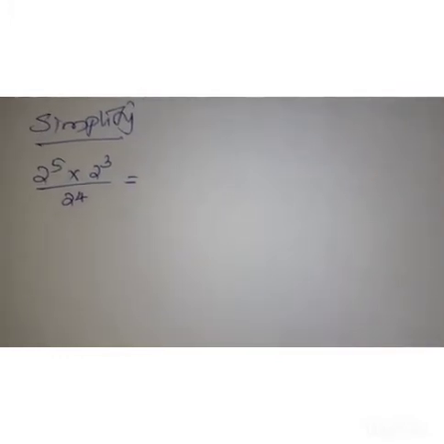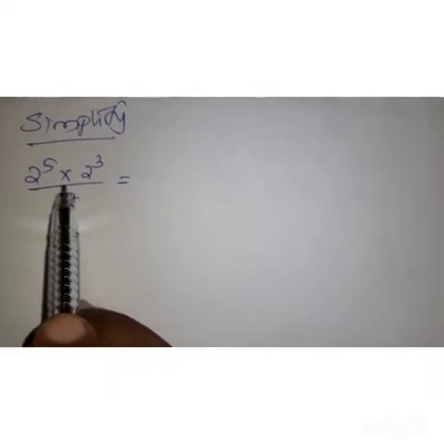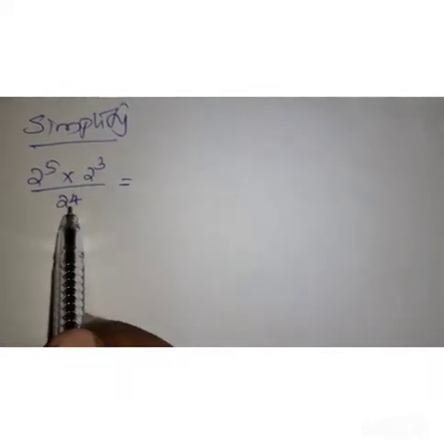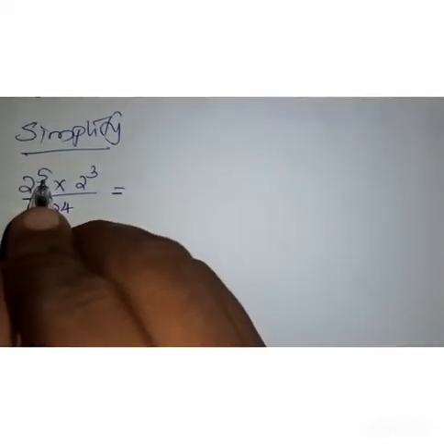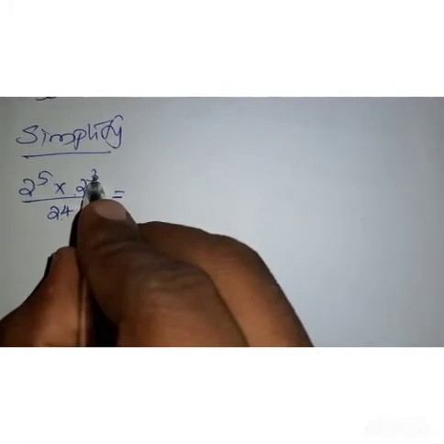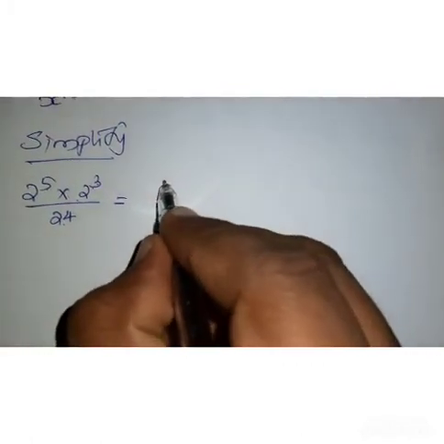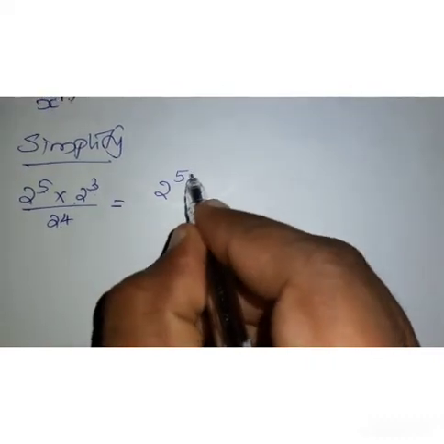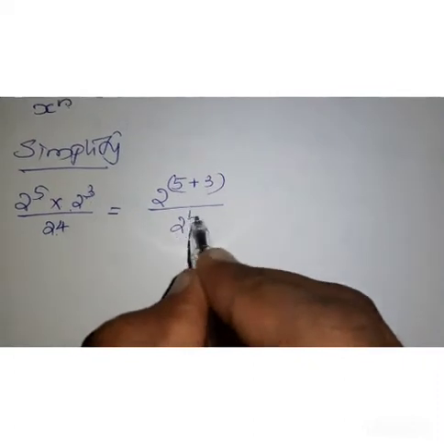Till now, we used only one equation. Here, we have to simplify this one, so we have to apply both the multiplication rule and the division rule. 2 raised to 5 into 2 raised to 3. First, x raised to m into x raised to n is 2 raised to 5 plus 3, divided by 2 raised to 4.